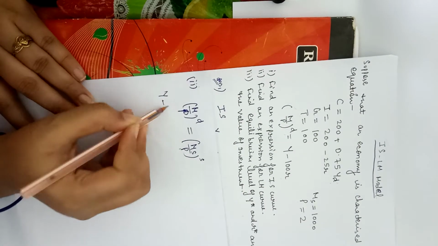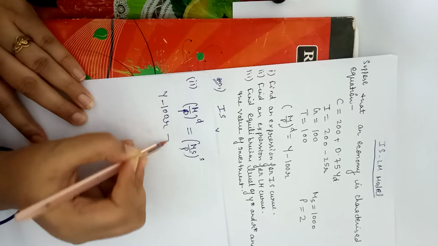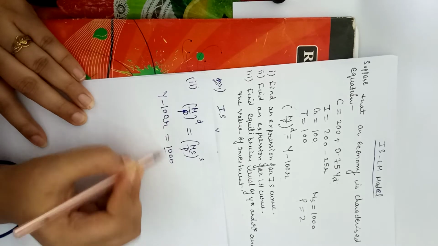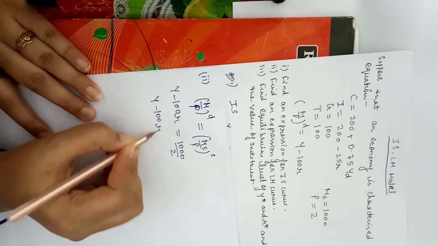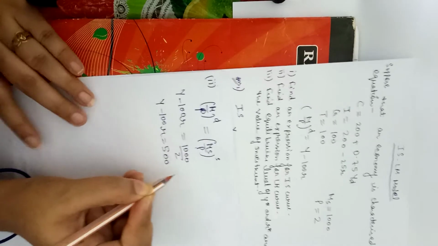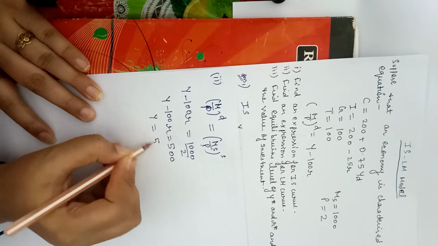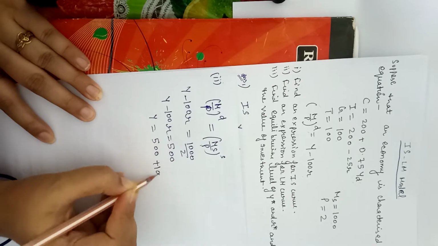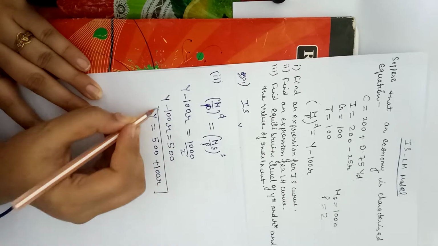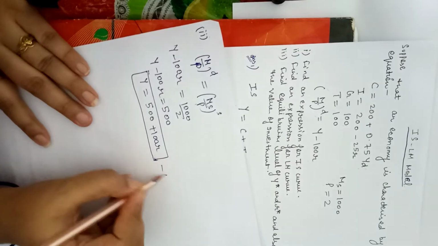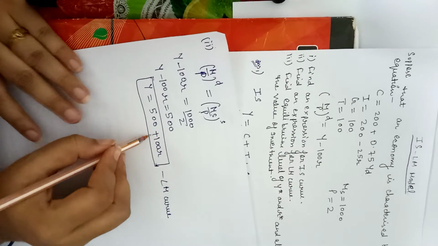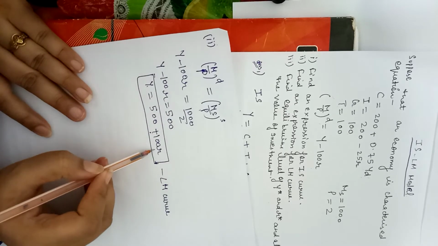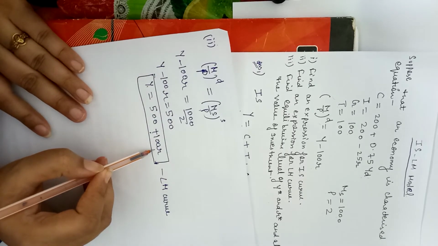So we can write this as, so this is our LM equation or LM curve. Here we have a positive sign. That means output and rate of interest are positively related.